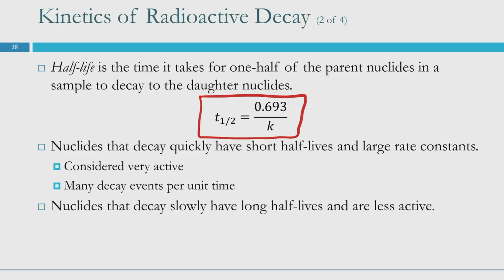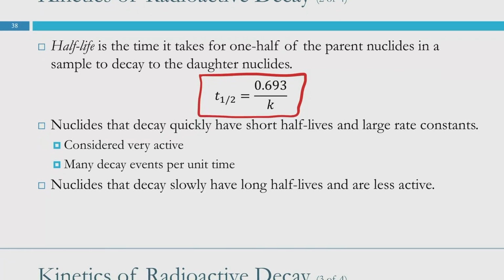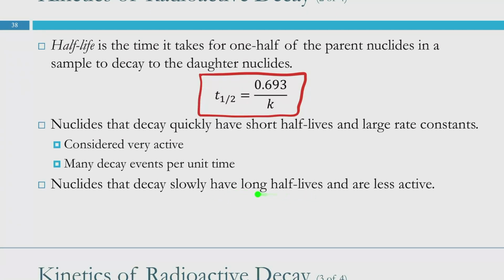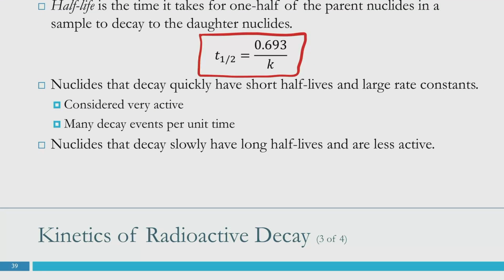I'm expecting that it'll still be given to you on the exam. Nuclides that decay quickly have short half-lives and large rate constants. Nuclides that decay slowly have long half-lives and are considered less active. Low activity, high activity, low amounts of decay, high rates of decay. So we'll use that T1/2.